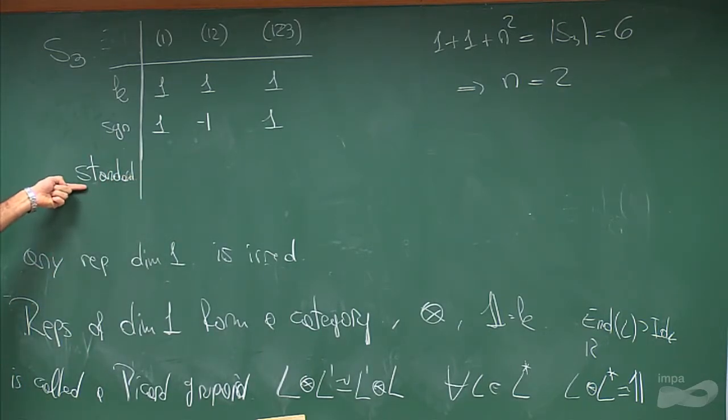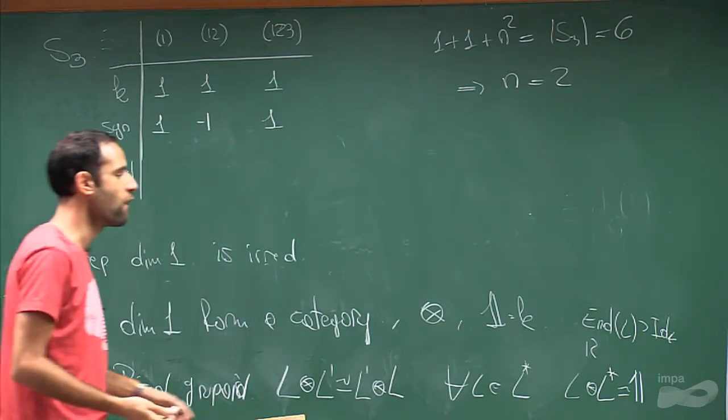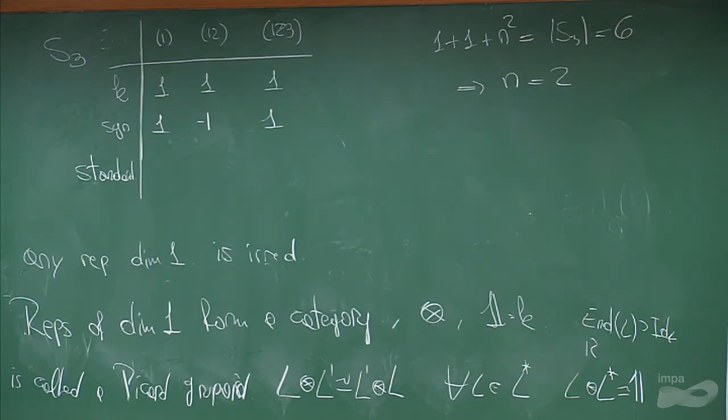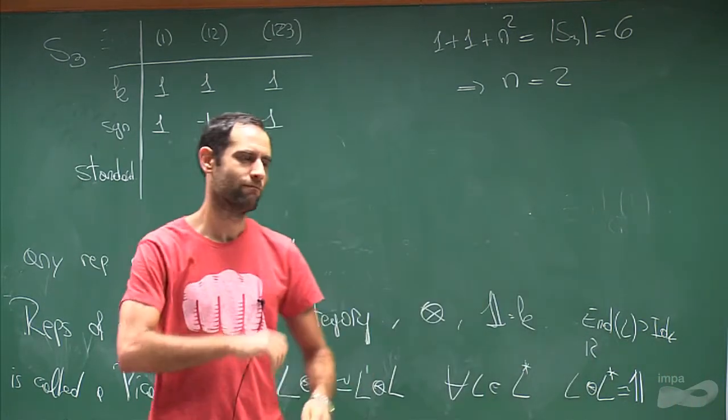And how do I produce this representation? I already gave you this representation before, so I'll give it to you as an exercise for symmetric groups. If you take a set of 3 elements, you find the action of S3 on them by just permuting them. And you quotient that space by the sum of them.